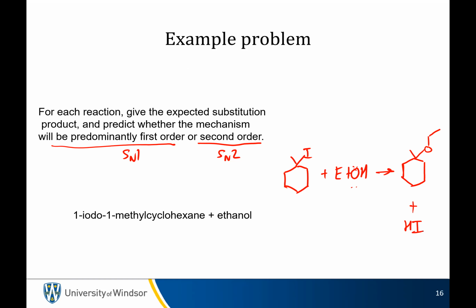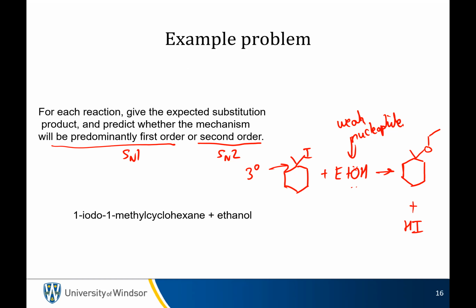So if we're looking at this, I'm going, well, okay, that's a tertiary center with a leaving group. This is a weak nucleophile. And why is it weak? Because it's not charged. Neutral things normally kind of suck as nucleophiles, unless you're phosphorus or sulfur.